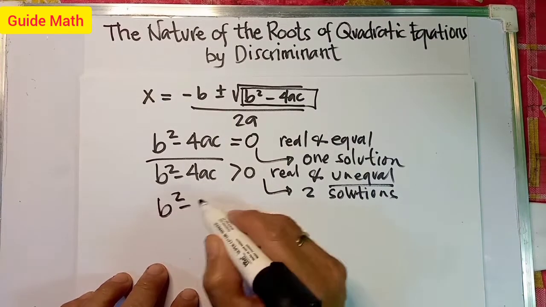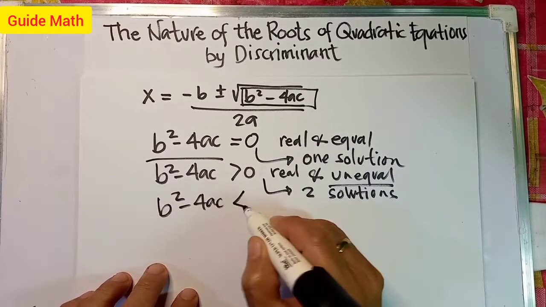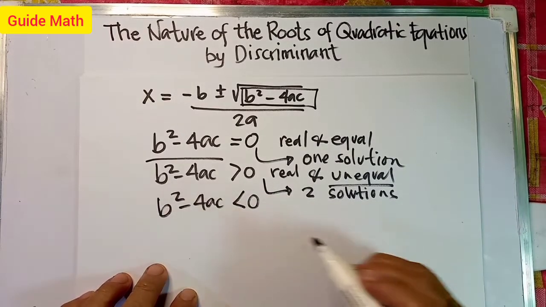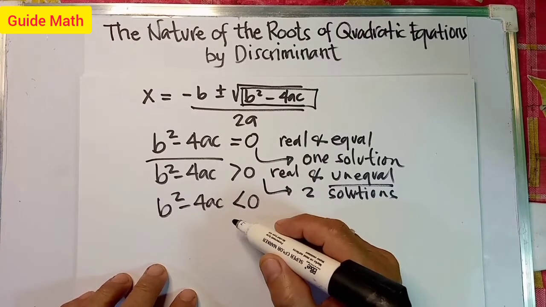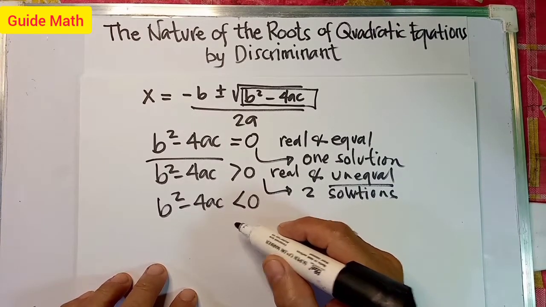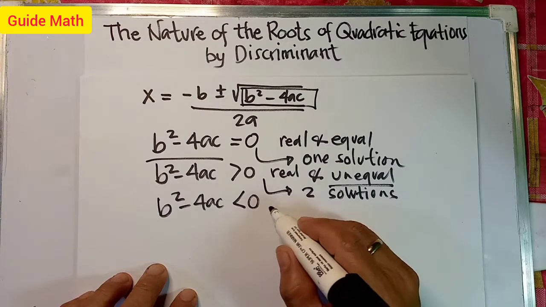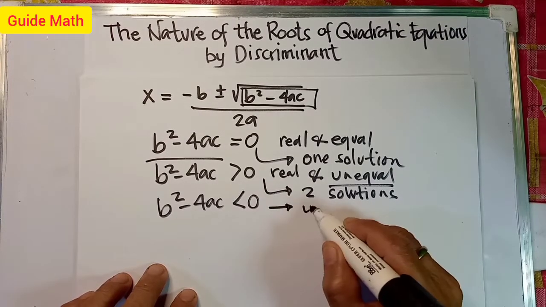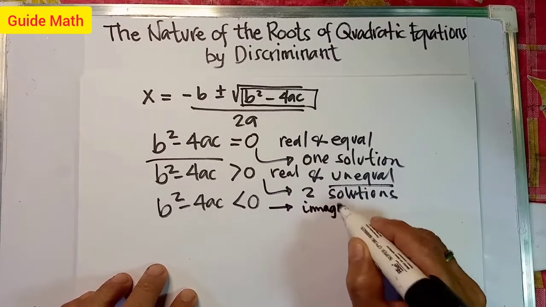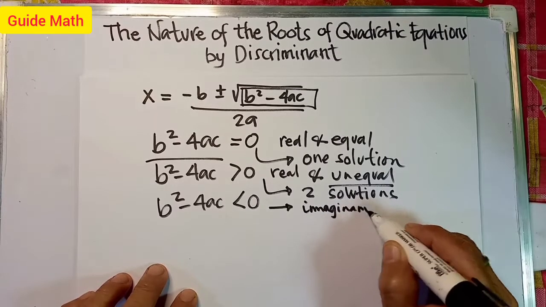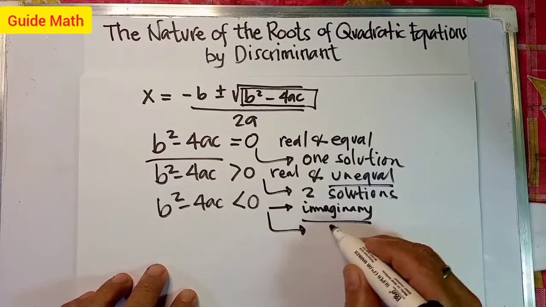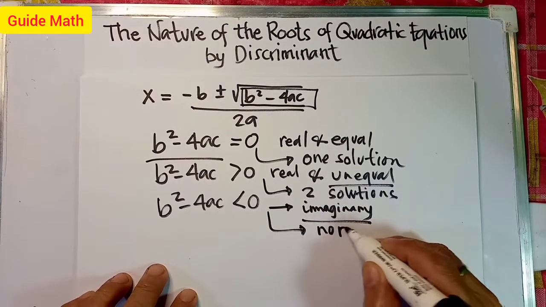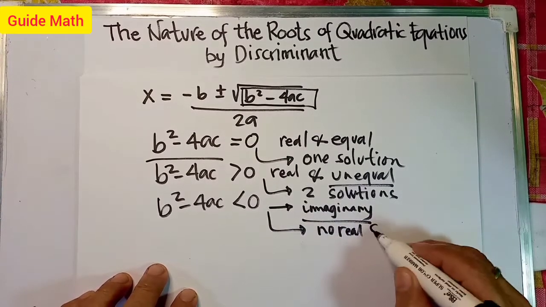Sabihin natin b squared minus 4ac is lesser than 0, or mas mababa sa 0. So, ano ba ang mga values na mas mababa sa 0? Sabihin natin negative 1. So, meaning, the roots are imaginary. Pwede natin sabihin that it has no real solutions.